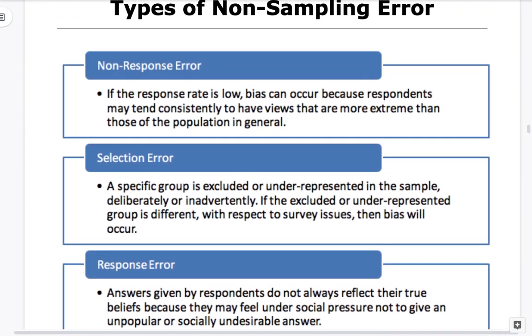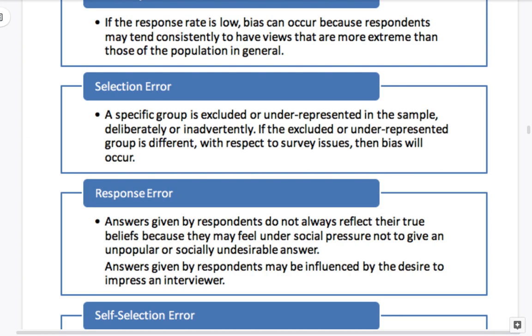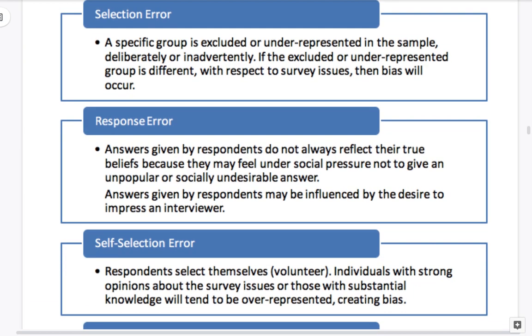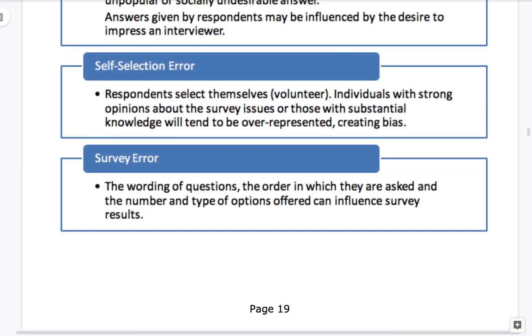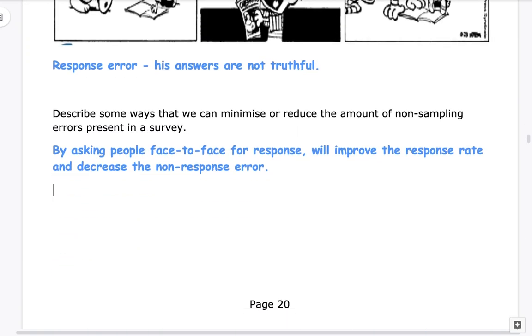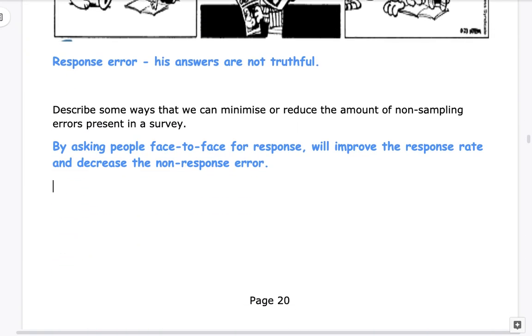Let's have a look. So selection error. That's when a group is underrepresented or excluded. Okay, so that is in terms of setting up our sample more carefully. Response error. That's in terms of trying to get more truthful answers. What are some ways that we can encourage people to give more truthful answers?